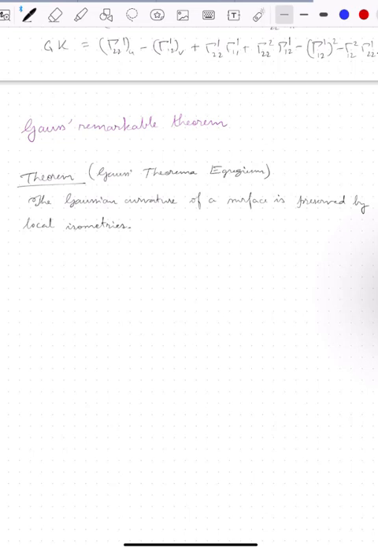So if the deformation takes place such that all the lengths of curves on a surface are preserved, then the Gauss curvature is also preserved by such transformations.